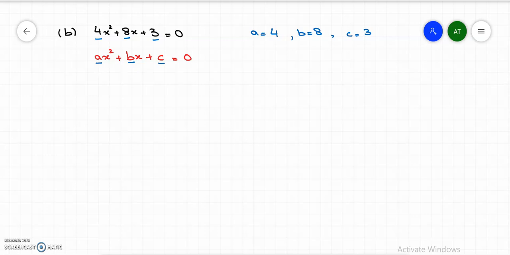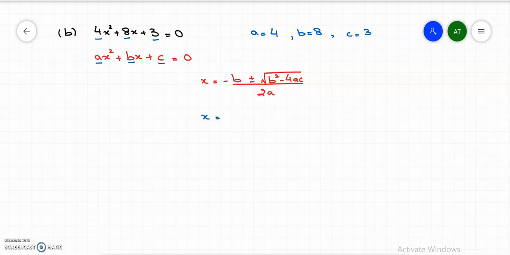And let me write down the quadratic formula again. So that is x is equals to negative b plus minus square root b square minus 4ac divides 2a. Right? Let's substitute all of the values into the formula and simplify it.